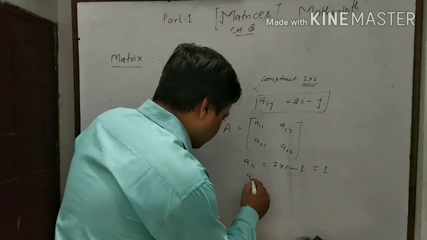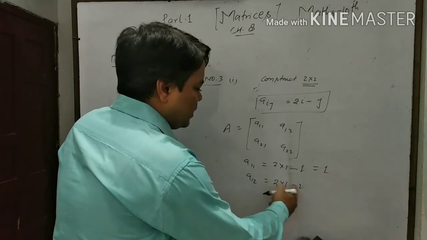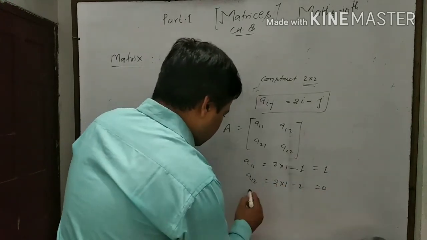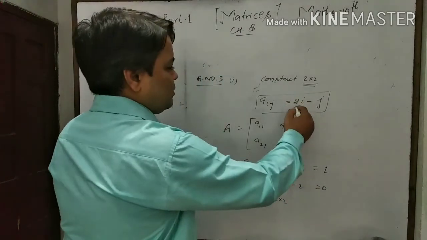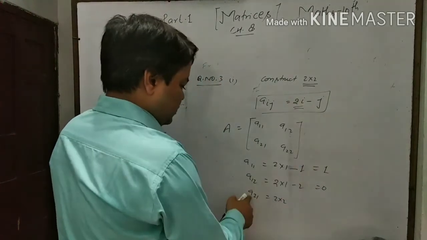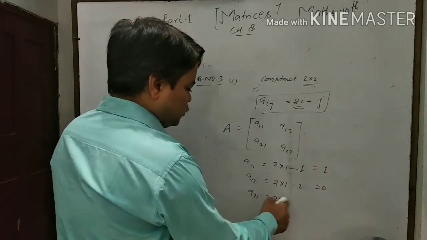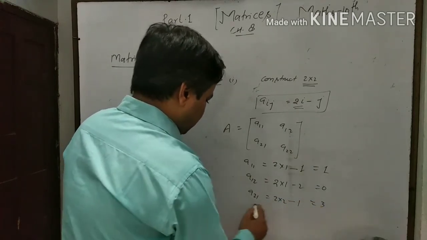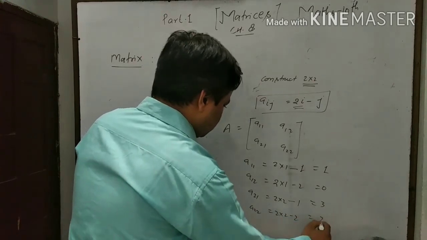Again a12: 2 into 1 minus 2, 2 minus 2, that is 0. Similarly, a21 is 2 into 2 minus 1. The formula comes from here: the first one is i and the second one is j. 4 minus 1 will be 3. And a22 is 2 into 2 minus 2, which is 2.